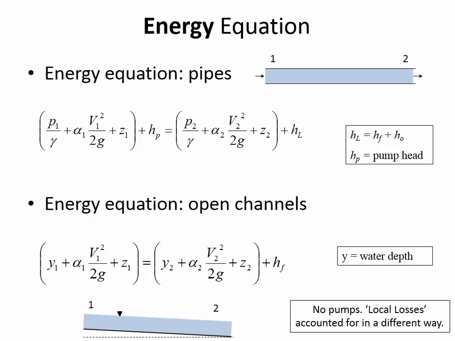So when we start talking about channel transitions, we'll add the term that accounts for energy loss into the energy equation. But for now, it's just the frictional losses that we account for, not the local losses. And there's no pump, no turbine.